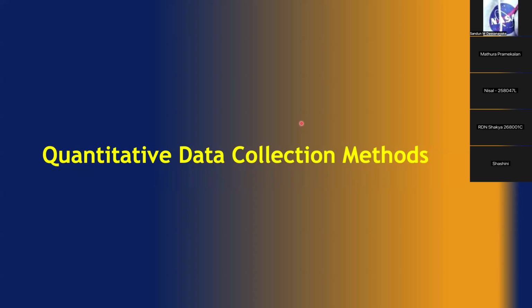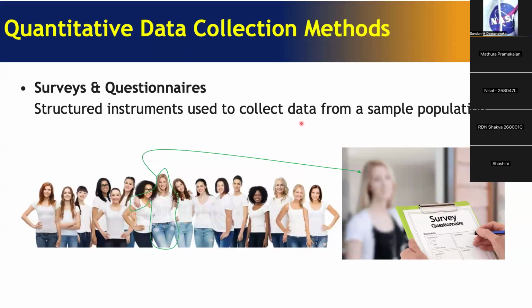So, quantitative data collection methods. The very famous one, when you think about a group of people or social and business research involving participants, unlike the experiment, is surveys and questionnaires.